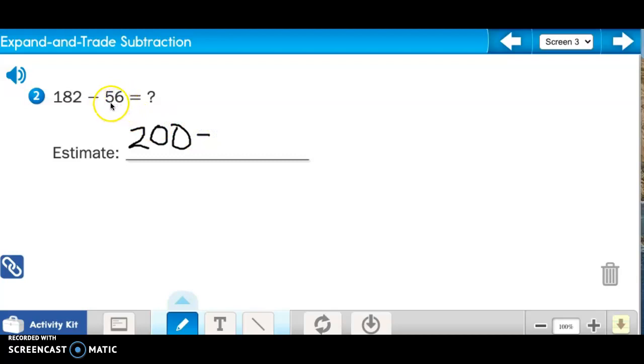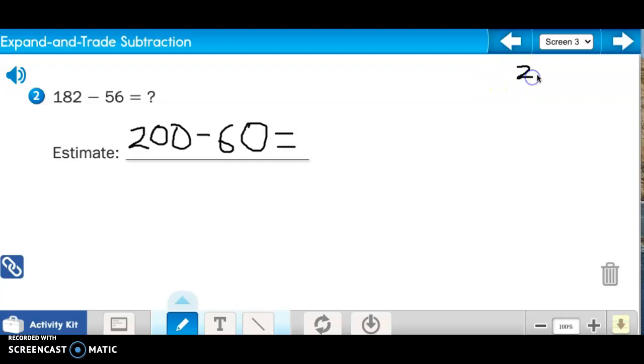Is 56 closer to 50 or 60? 55 is right in the middle, so 56 would be closer to 60. So then you think about this. 200 minus 60. What would that be?